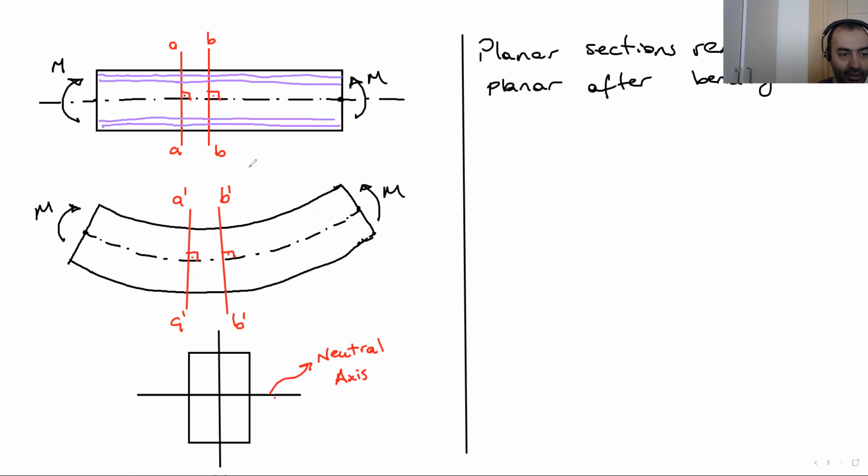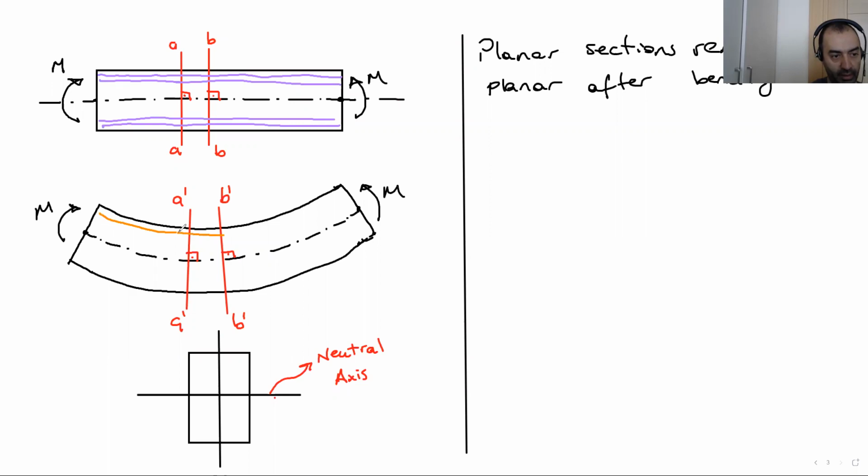After the bending, what do you see here? As you can see, at the top edge, the fibers around the top edge will get a shrinkage. Their length will be reduced, as you can see here. Let me draw the numbers change.